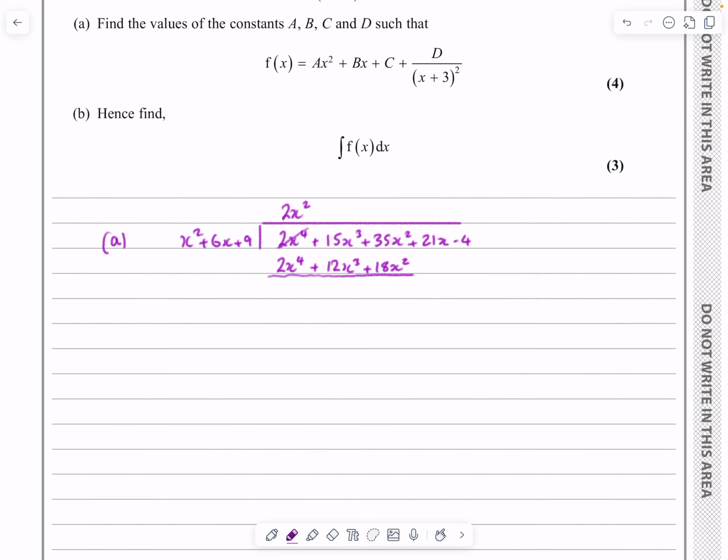As I said, these need to be the same as each other, so they cancel, and then what do we get left with? Well, 15 take away 12 is 3x cubed, 35 and 18 is going to give me 17x squared when we subtract them.